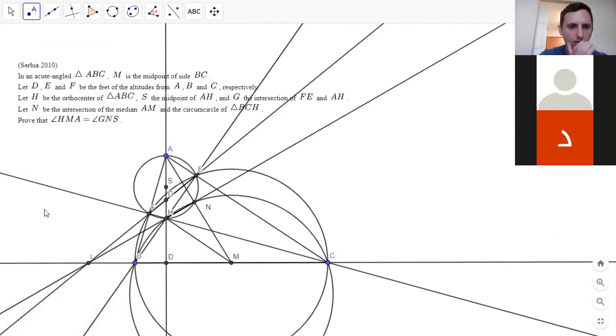So HMA is the angle between HM and MA. Okay, maybe it's not that easy, because it's not that clear how to use point G.